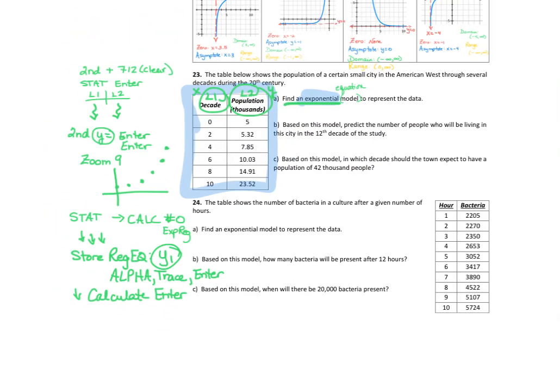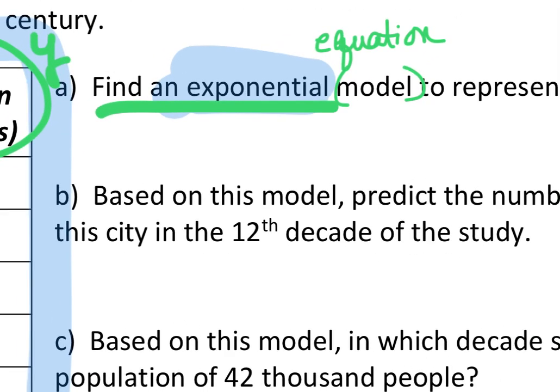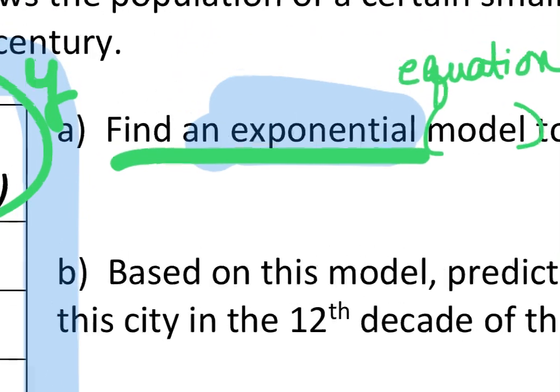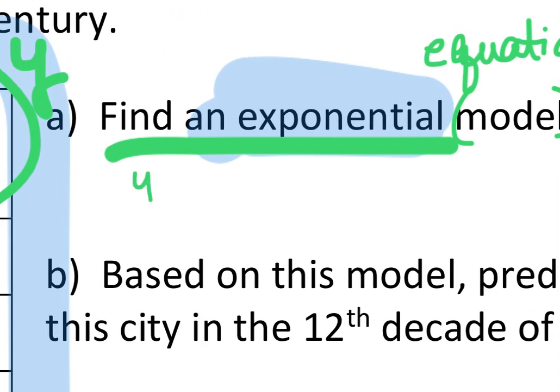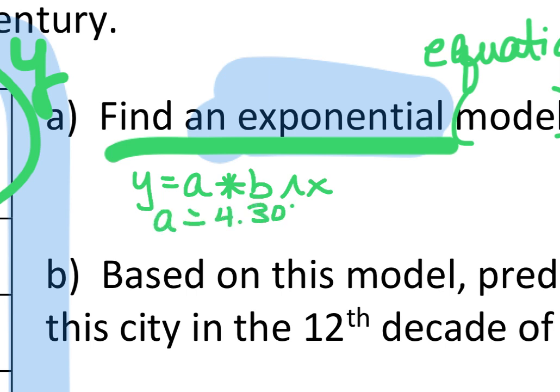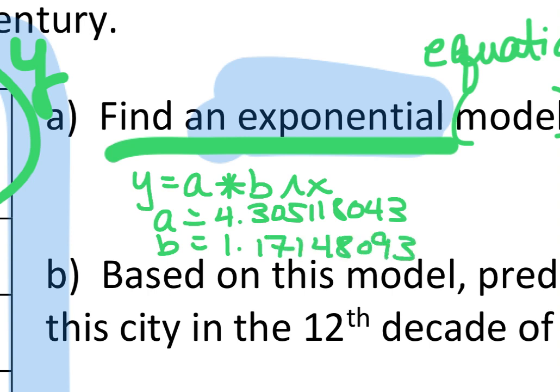And then what you'll see in your calculator when you do that for this problem, the calculator will say something like this: y equals a asterisk b to the x power, and then a equals 4.305118043 and so on, and b equals 1.17148, all these digits.